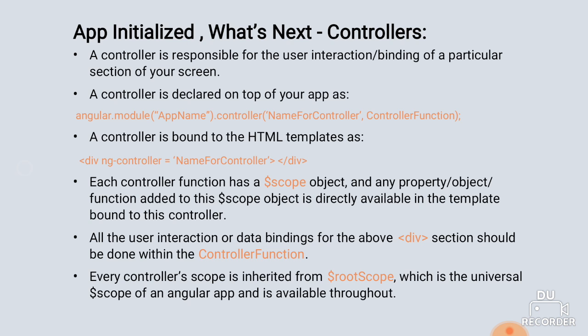Additionally, we have one rootscope property. Basically, this is the most important, the top layer scope of your application, which is present all throughout the application, and all the other scopes, that is all the other controller scopes, are derived from this root scope. So this root scope is the parent of all the scopes in an application, right?